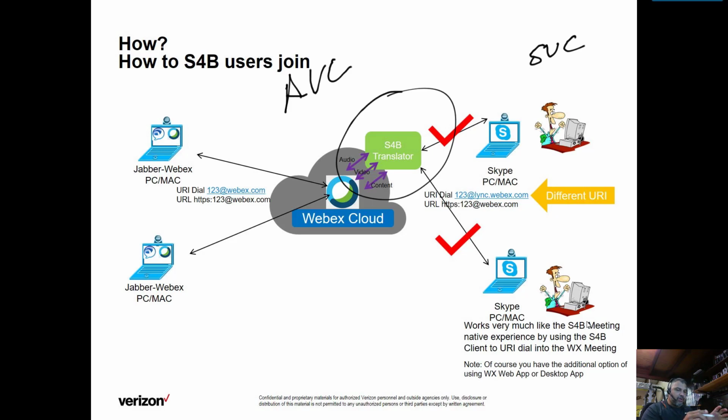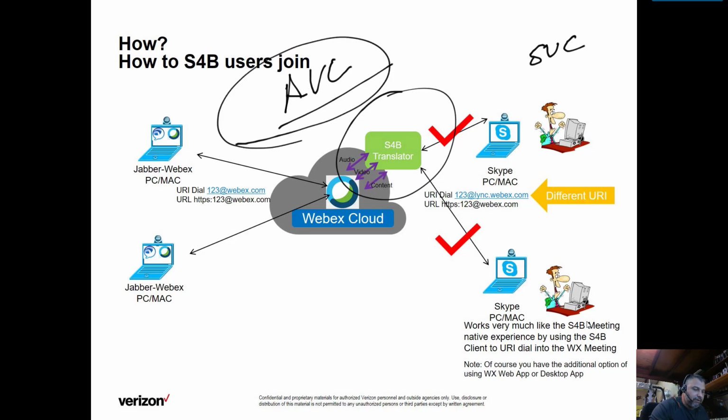Now, AVC traditionally, you'll hear is H.264. These are H.264 formats. AVC is really standards based, and then SVC is what they call a non-standard. It's all semi-standard. Everybody uses this one, and then Microsoft decided to use a little bit different flavor of H.264 and the formatting that it uses.